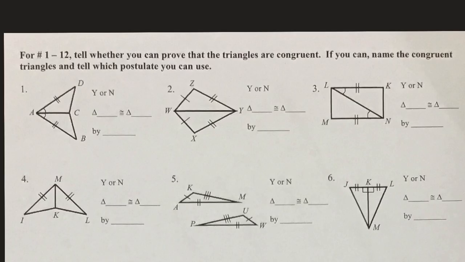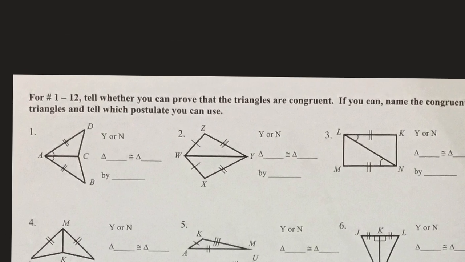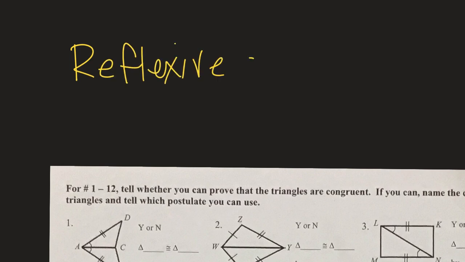So the key is to look at the markings. Some things I need you to remember when you're looking at pictures. Number 1, you need to take the picture at face value. Okay, the things that are marked on the picture are marked on the picture. You don't get to add a whole lot by yourself. Okay, one thing that you do get to add is the reflexive side. Okay, it's called the reflexive postulate.